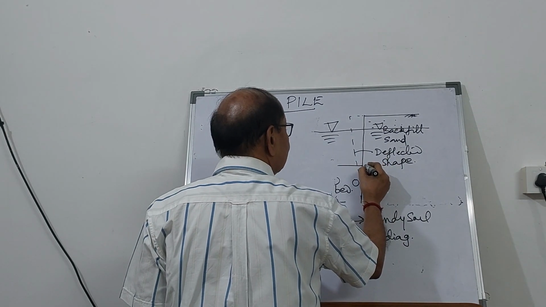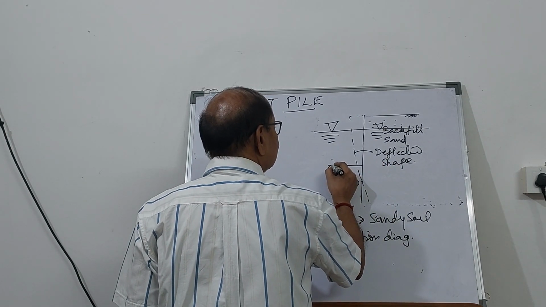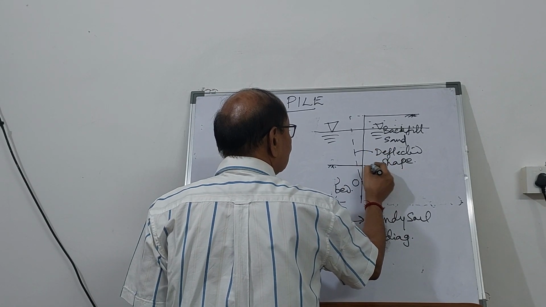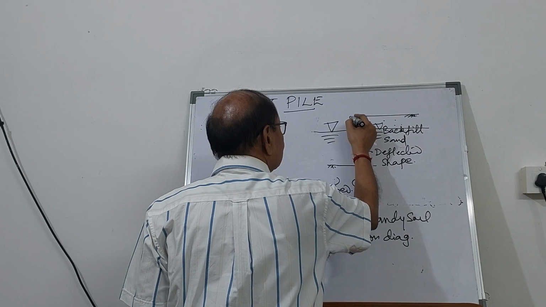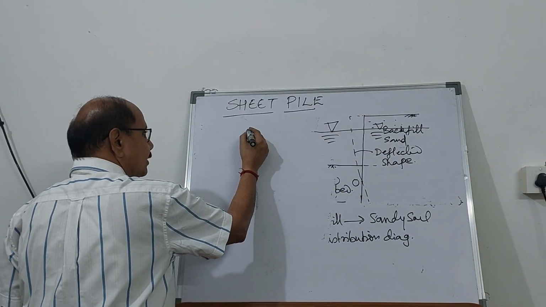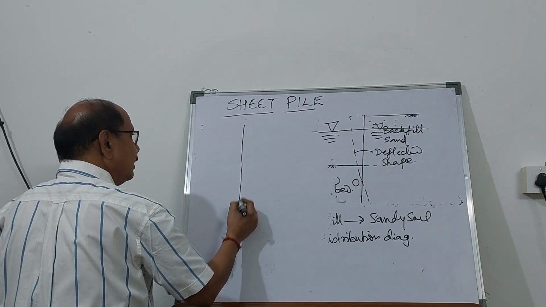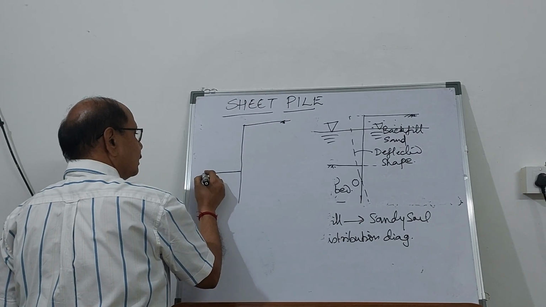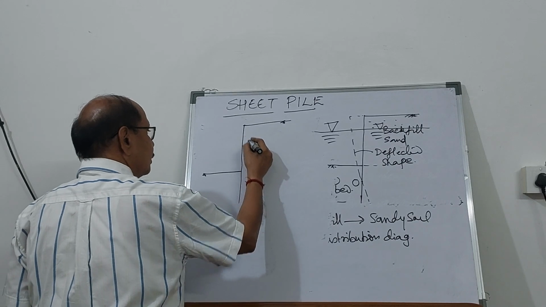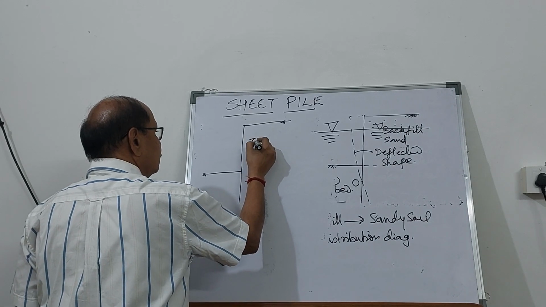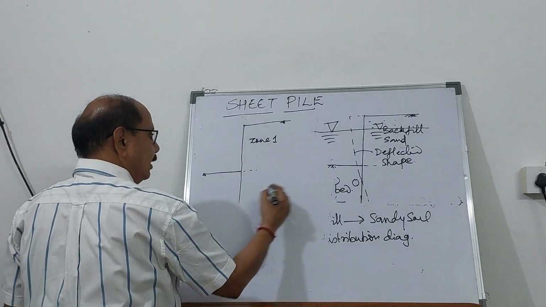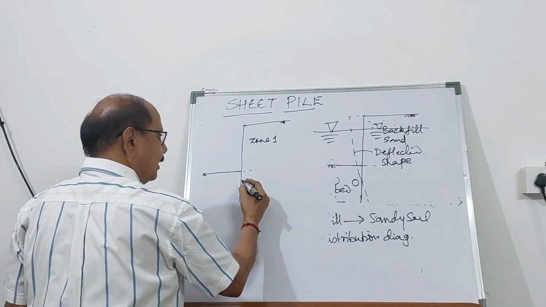So up to here, up to the dredge line, we may call it as zone 1. Let's say zone 1, and it is going to deflect here.